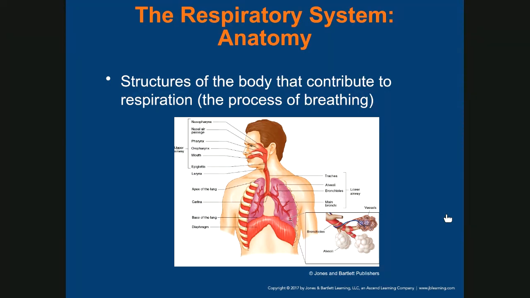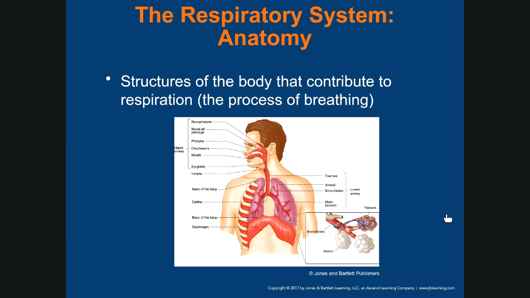And we must be able to identify where the problem is in order to determine what the best management would be for the patient. So that's very important, right? Those are very important functions of the lower airway: ventilation, oxygenation, and respiration.